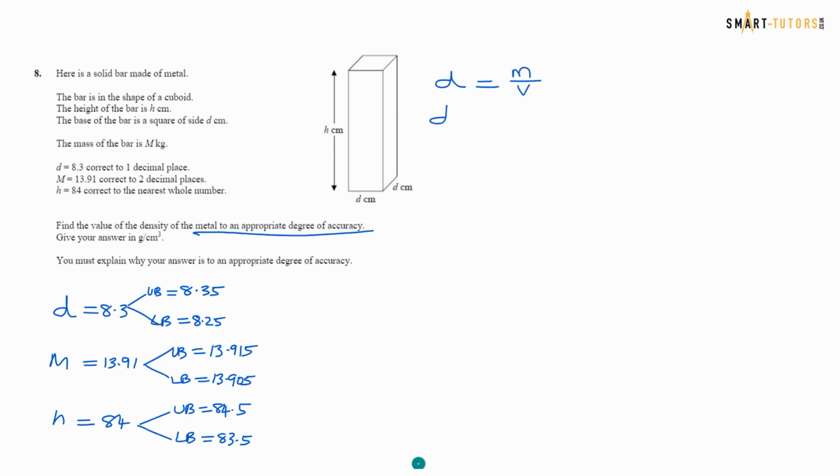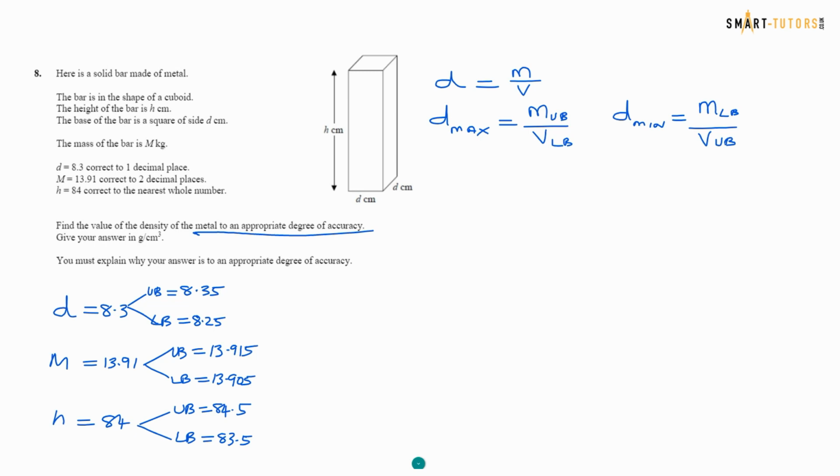Density maximum equals M upper bound divided by V lower bound. You need to understand that. So density minimum is going to be M lower bound over V upper bound.